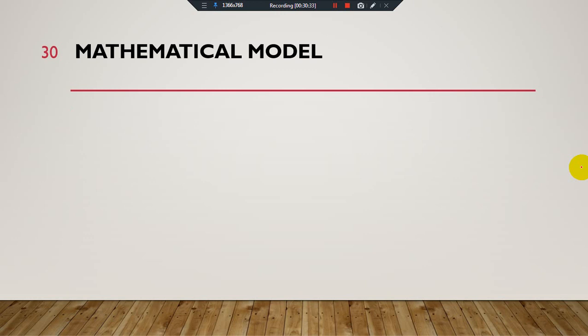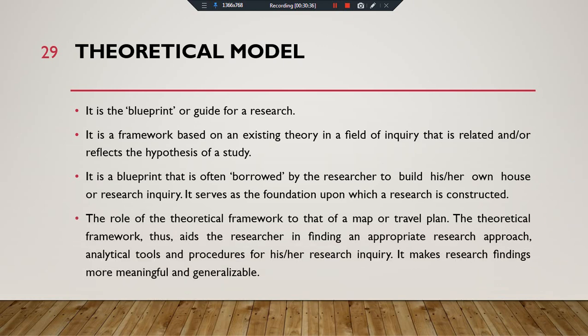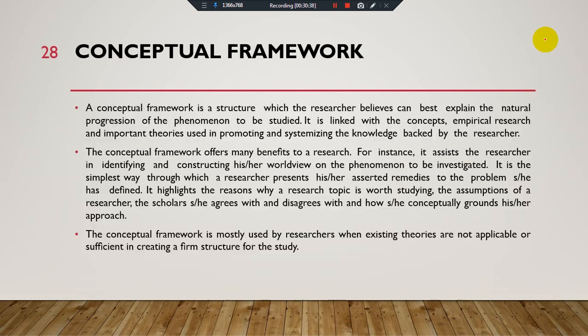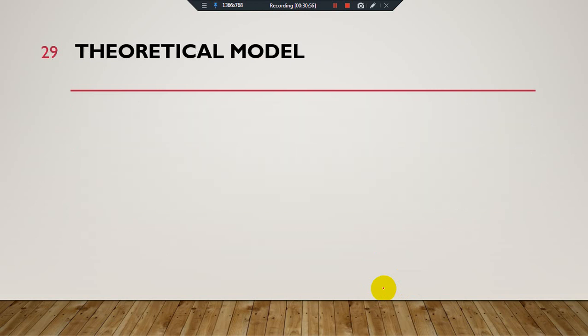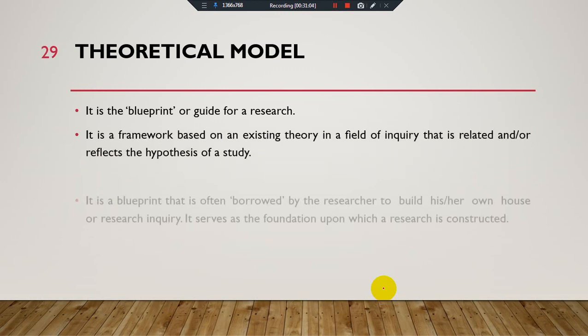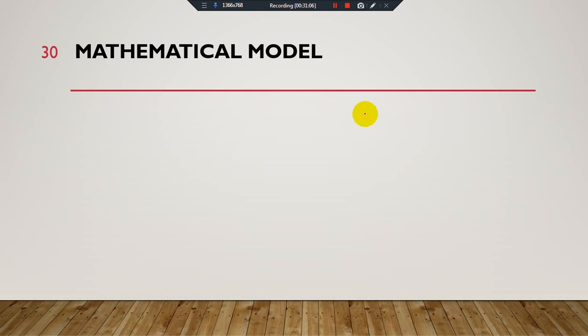Like if we say that x causes y, here we have the dependent variable y and independent variable x, and then we have to show in how many theories this type of relationship has been used, and then we are going to develop the mathematical model of x and y.